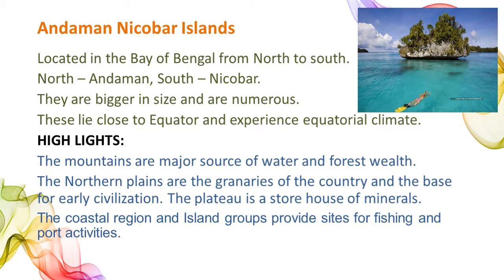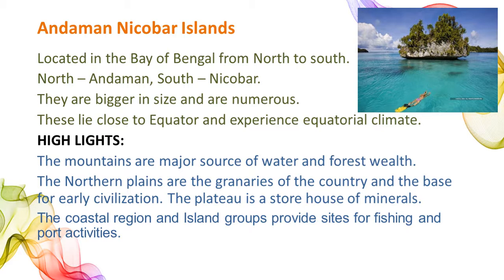Andaman and Nicobar Islands are an elongated chain of islands located in the Bay of Bengal extending from north to south. They are bigger in size and more numerous when compared to Lakshadweep Islands, but they are not located in one place, they are scattered.